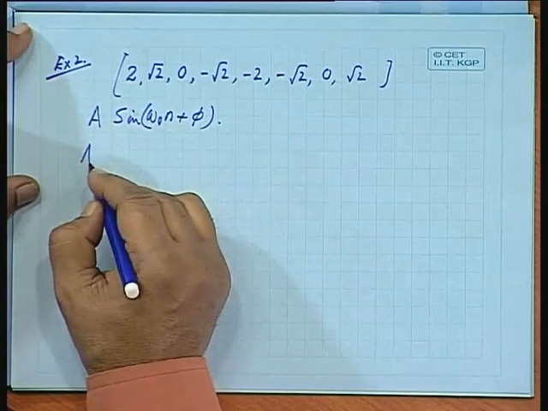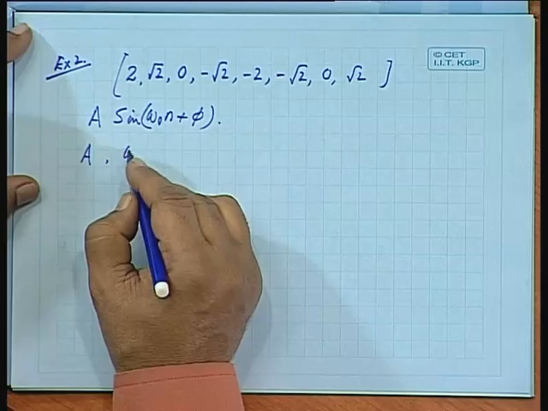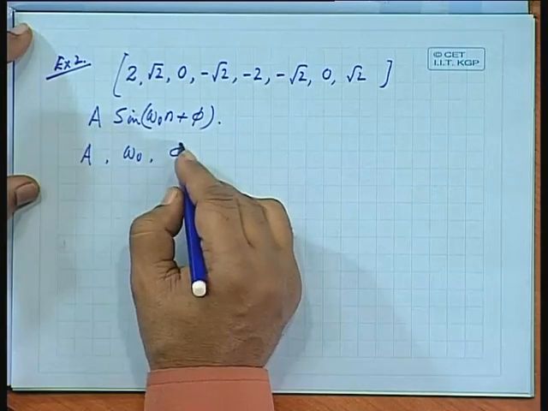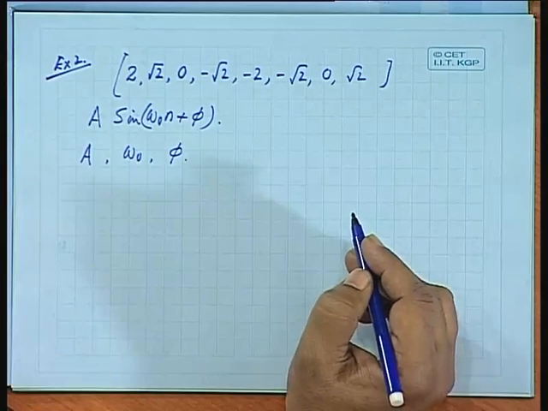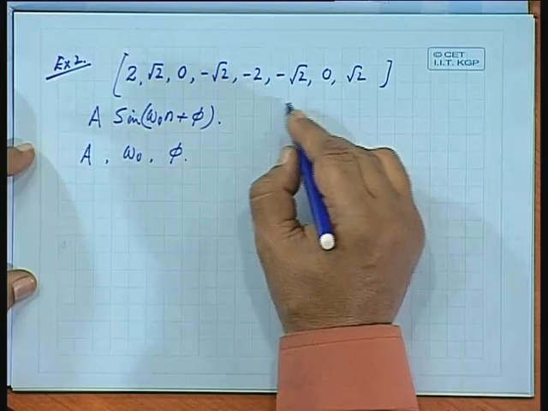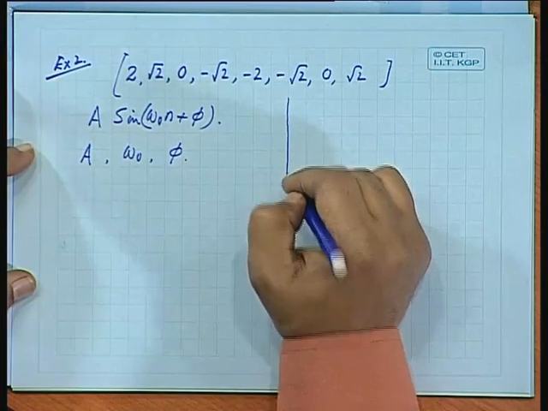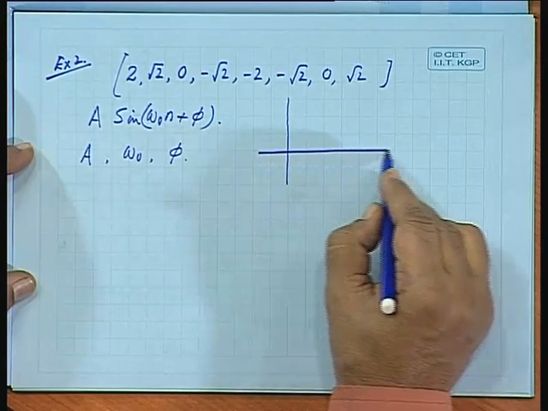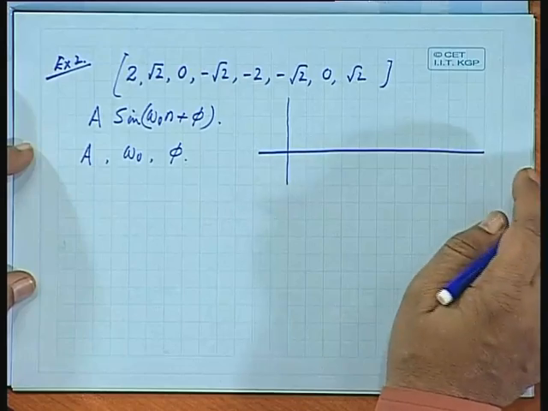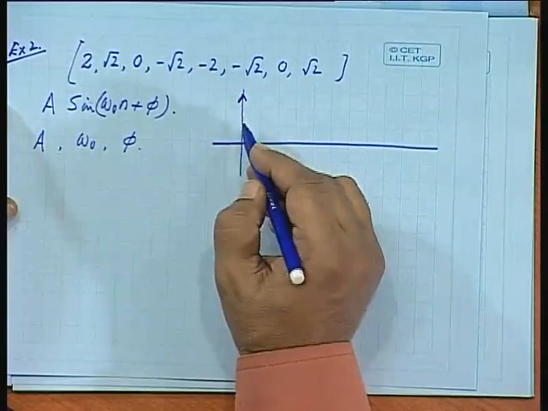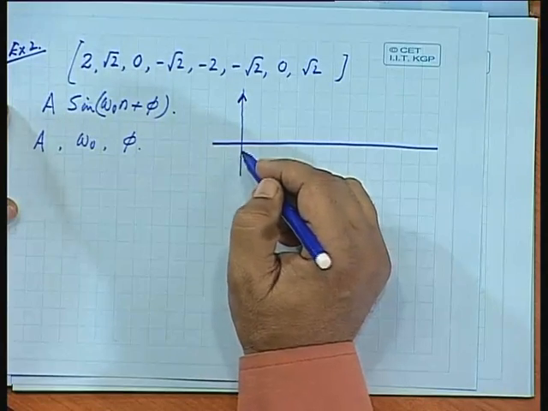Can you determine A, omega naught and phi? One may detect it by inspection, but we will solve it by rigorous mathematical technique.